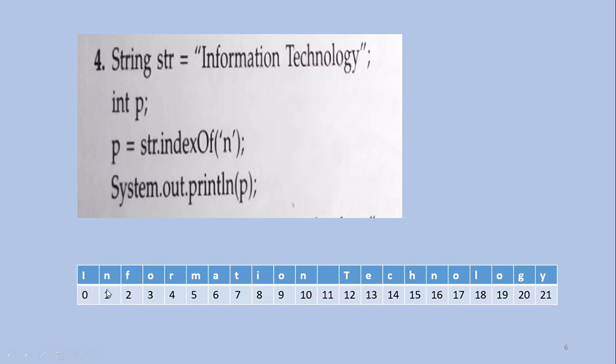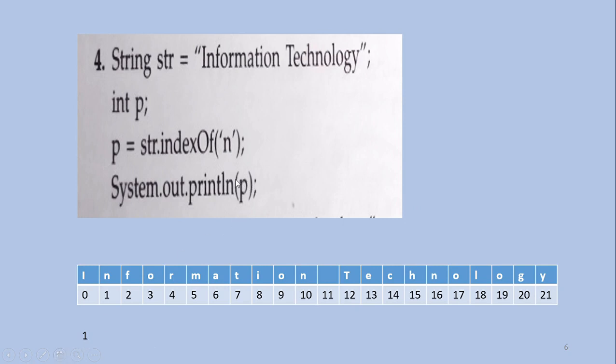So you have to write the index numbers like this, so you don't make any mistake while you are writing the complete answer. Since I have written like this, index of n, where is my n? My n is at the first position. If you keep writing here 0, 1, it will not work out properly. So you write it separately like this and then write the answers. So index of n, n is at 1. So system.out.println of P. So what is there in P? In P you will have just 1.